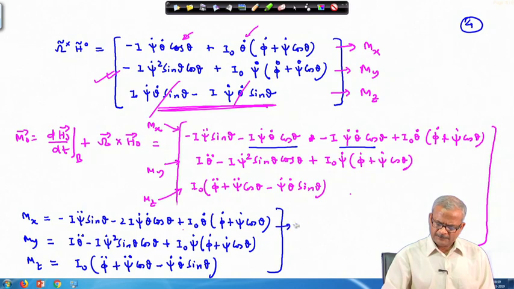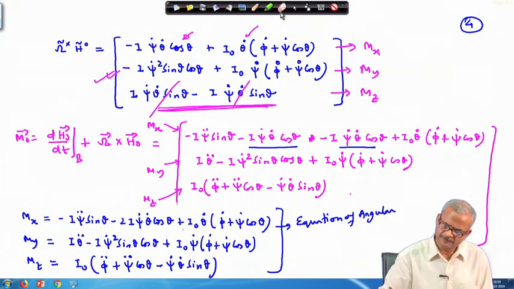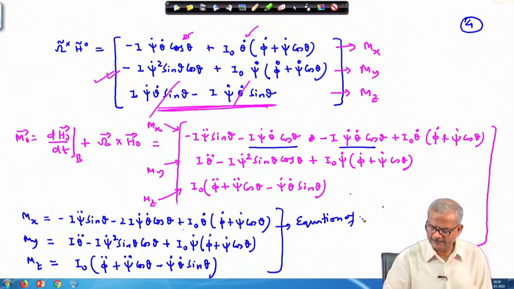Okay. So, this is the equation of motion. This is the equation of rotational motion, or the rotational dynamics.